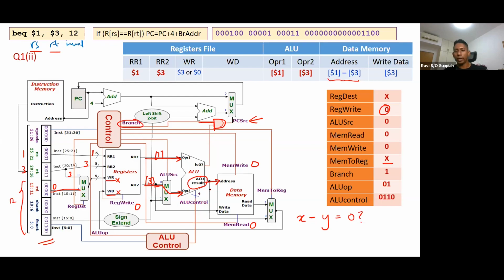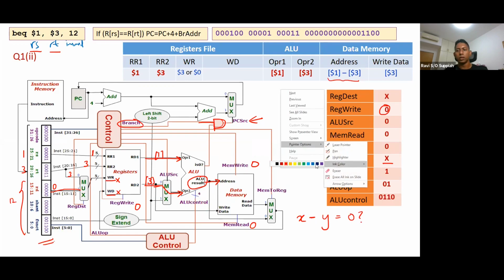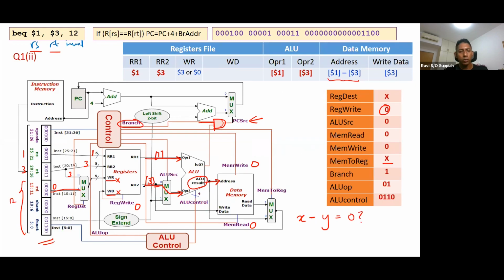So no matter what I put at the address bus, nothing is going to happen. No matter what I put at the data bus, also nothing is going to happen. So what is in the data bus over here? It is basically whatever is connected to RD2. If you look at RD2 over here, RD2 is also connected to the write data. So the content of register 3 comes to the write data.